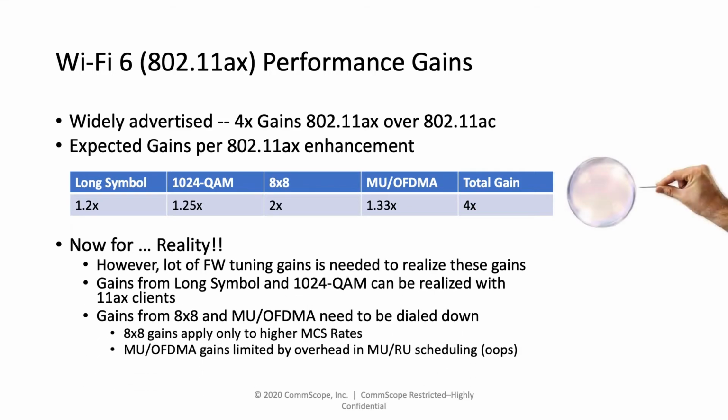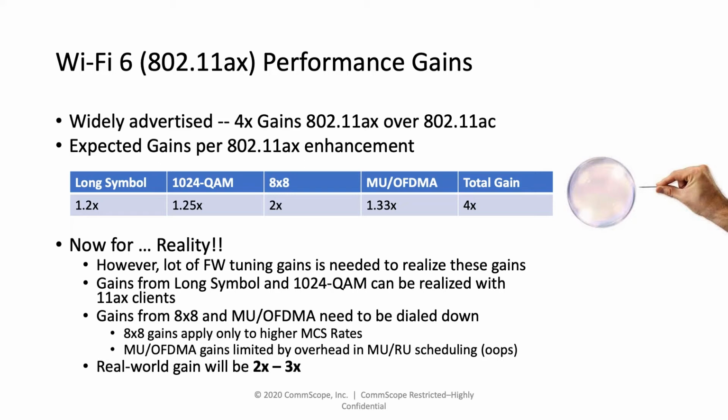The reality, however, is you need a lot of tuning, and this is kind of a best case scenario, right? So in the real world, you would expect somewhere around 2 to 3 times. If you can get double the speed of 802.11ac Wave 2, I would say that is a very, very substantial gain. That's incredible.